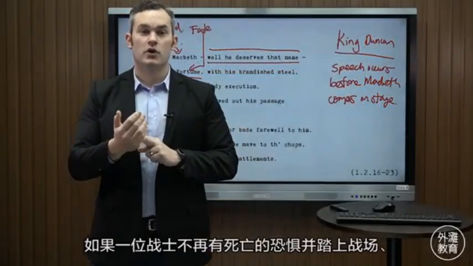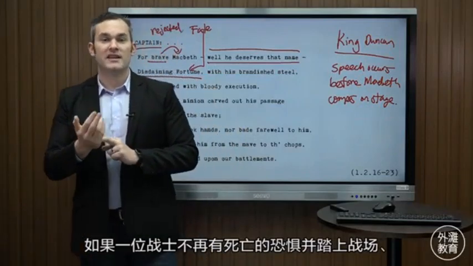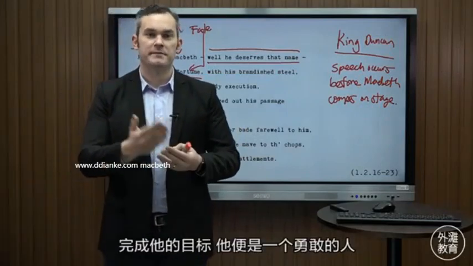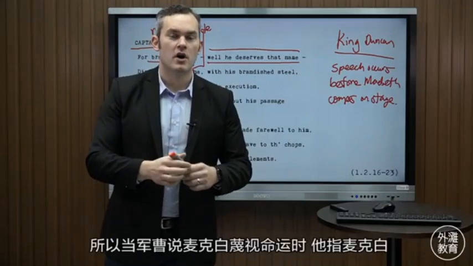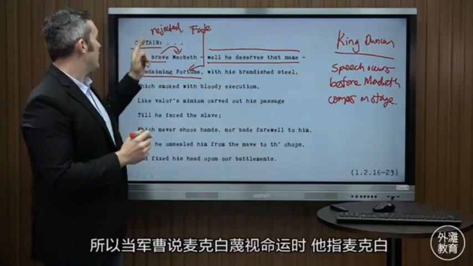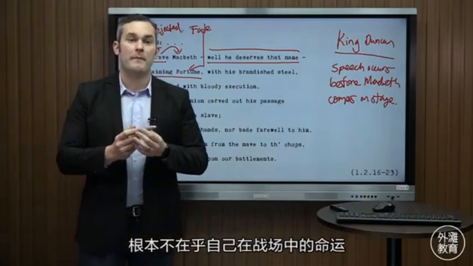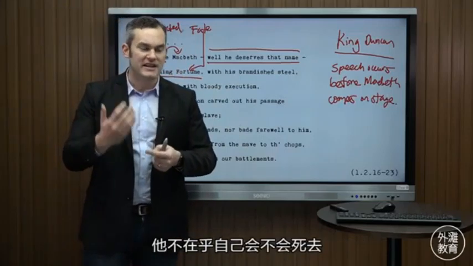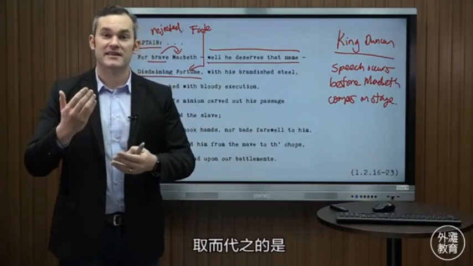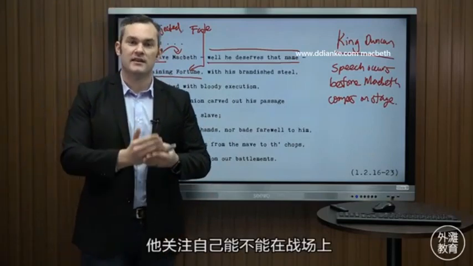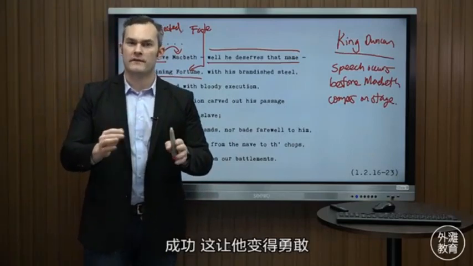And a soldier is courageous when he or she gives up fear of dying and enters battle to accomplish a purpose. So when the captain says that Macbeth disdained fortune, he means that Macbeth didn't care about his fate in the battle. He didn't care whether he was going to die or not. Instead, he focused on succeeding in the battle, and this is what makes him brave.